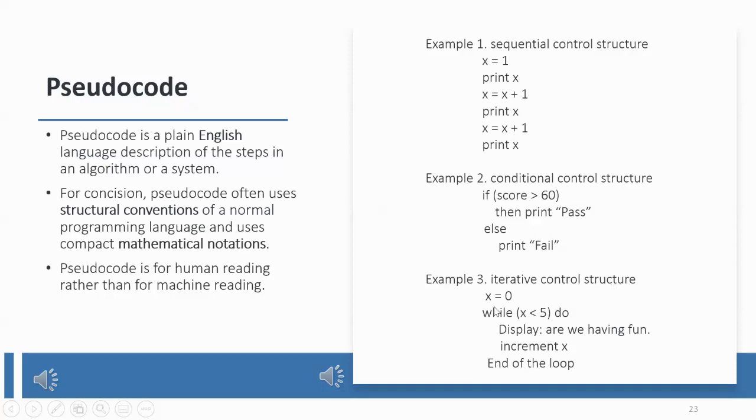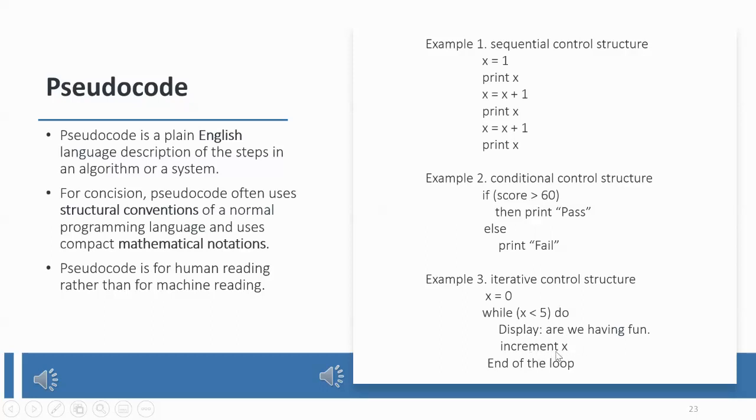The third example is an example of an iterative control structure. First, set the initial value x equal to 0. Then use a while to form an iterative control structure. The condition x smaller than 5 will control whether to enter the loop or not. While x is smaller than 5, do the loop body.